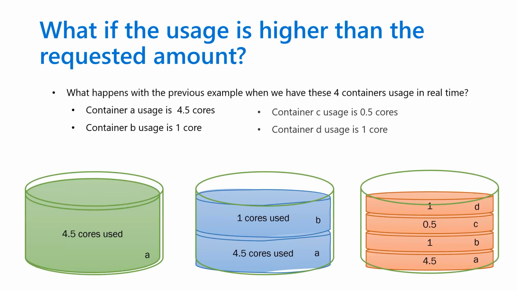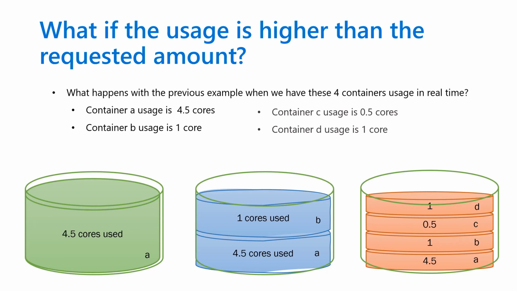So back to our experiment. We are still at the same experimental settings, and now we're trying to schedule 4 containers to our cluster. We have 4 containers with the following usages. The first container is using 4.5 cores, and then the second, third, and fourth are using 1 core, half a core, and 1 core respectively.